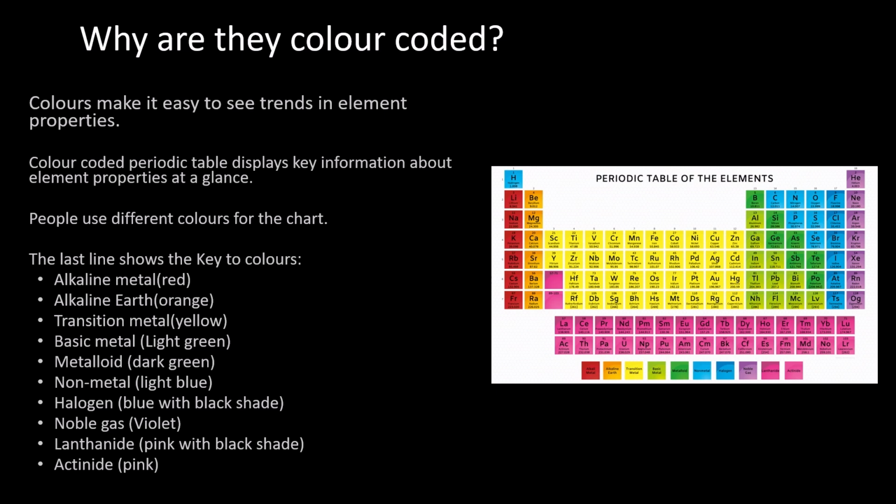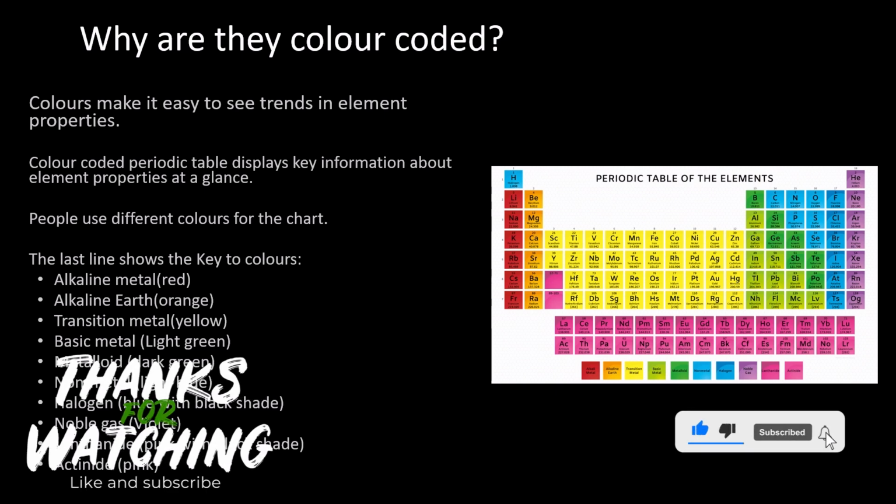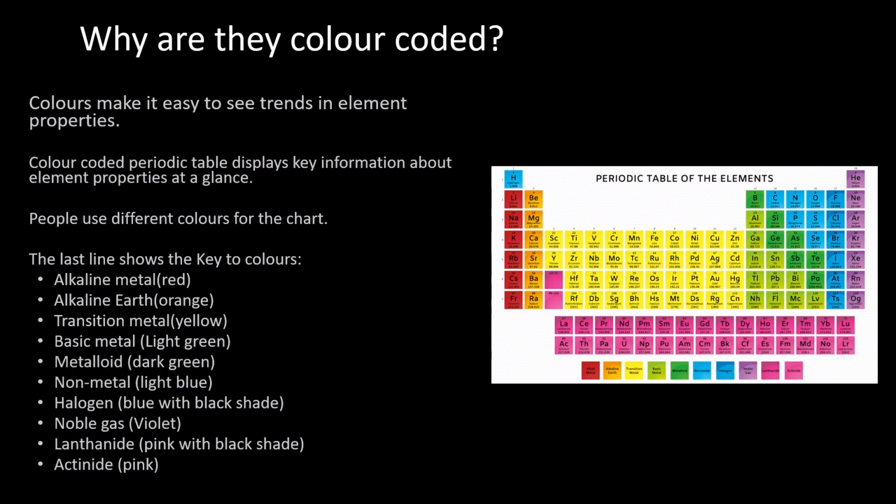That is, alkali metal is shown in red, alkaline earth is in orange, transition metal is shown in yellow, basic metal is shown in light green, metalloid is shown in dark green, non-metal is shown in light blue, halogen is shown in blue with black shade, noble gas is shown in violet, lanthanide is shown in pink with black shade, and actinide is shown in pink.